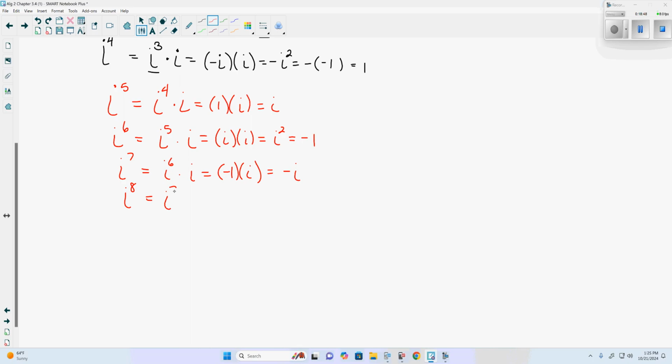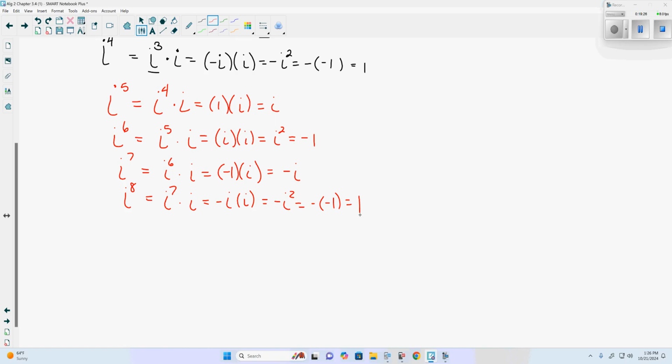Which would reduce to negative i times i, which is negative i squared, which would be our negative negative 1, which is 1. It does keep repeating, because our i to the fifth just ended up reducing to i. Our i to the sixth gave us the same value as i squared, which was negative 1. Our i to the seventh gave us negative i, and our i to the eighth gave us 1.